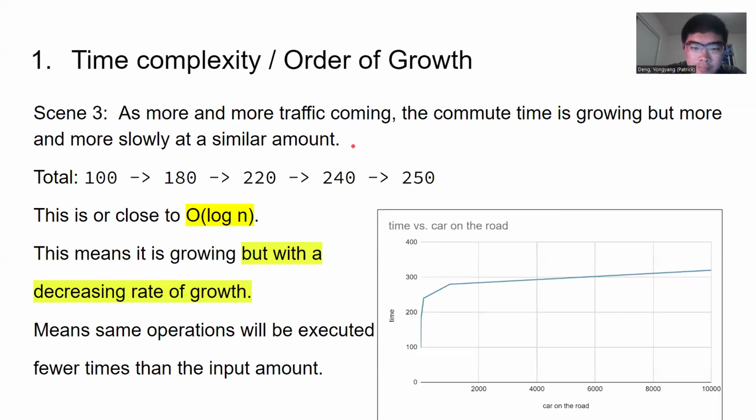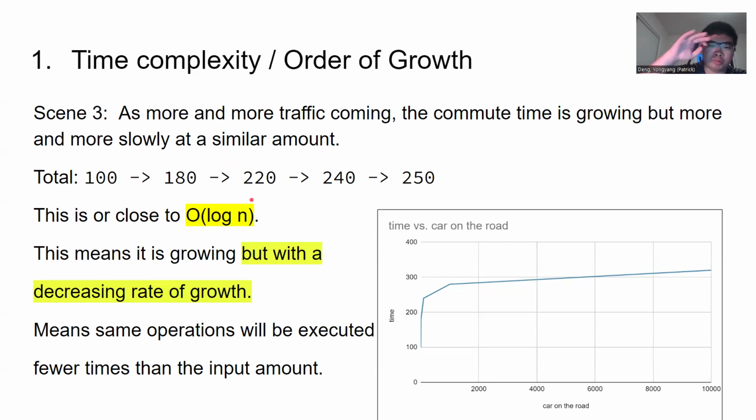And next one: as more and more traffic comes, the commute time is growing. It surely is growing, but more and more slowly, and then it will converge or become constant at some certain amount, or it will increase very, very slowly. For example, you have 100 and it increases dramatically to 180.